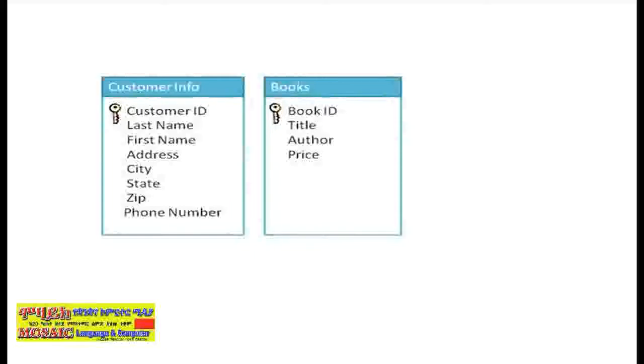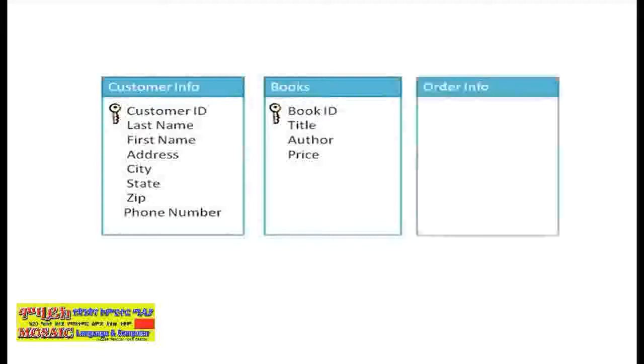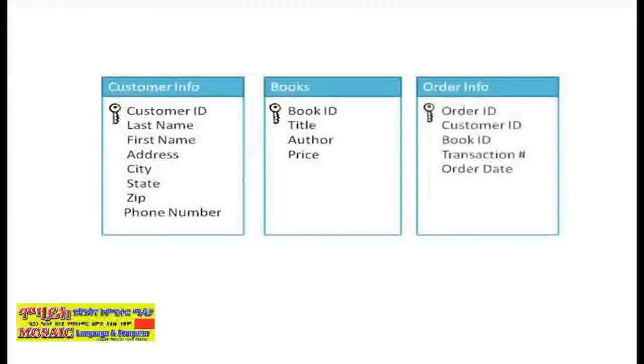With Access, you can design databases that allow you to do more with the information you have because it creates links or relationships between the different types of data. For example, I want to keep track of the items each customer ordered. Each time a customer places an order, I can create a record of that order that links to the customer's information and the books they ordered at that time.